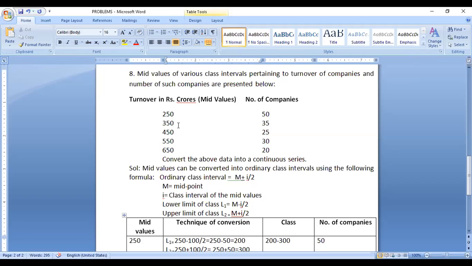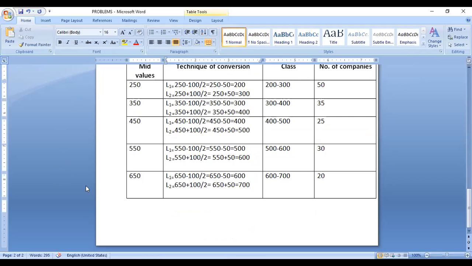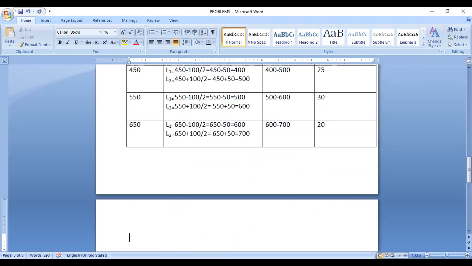Then another problem we will do. So 8 problems are over. We will start with 9th problem. Arrange the following data in a frequency table by more than method.